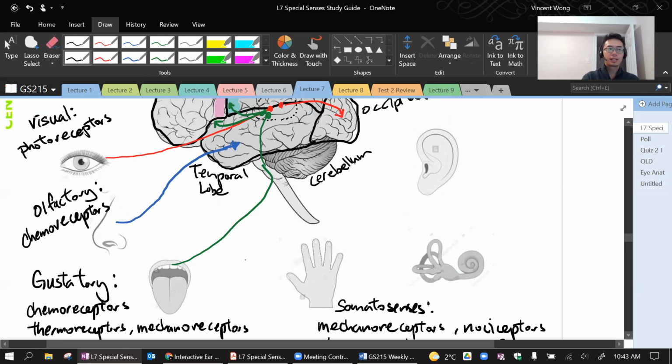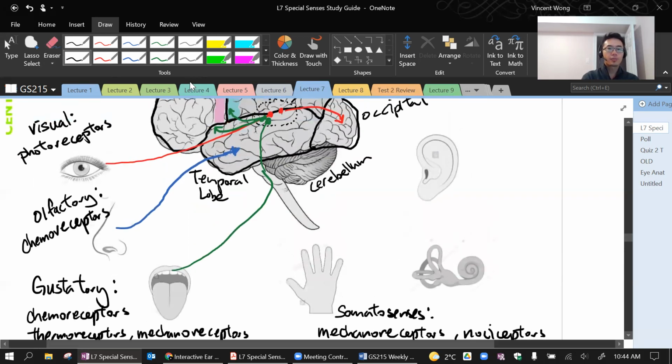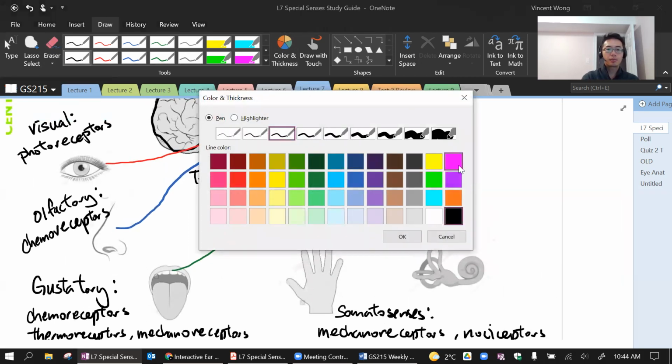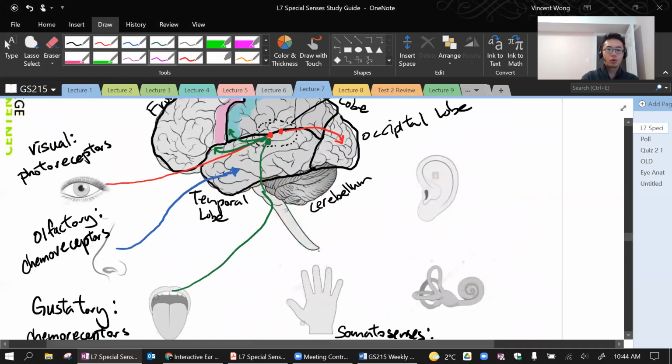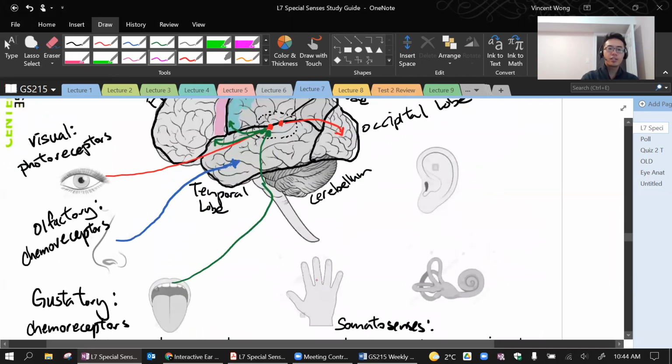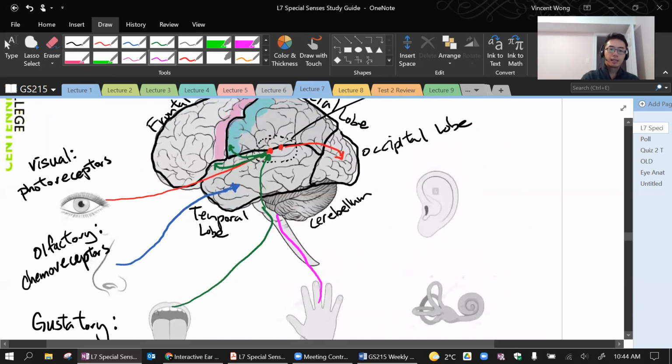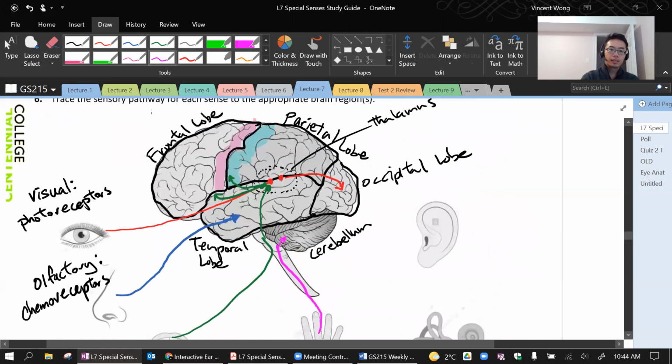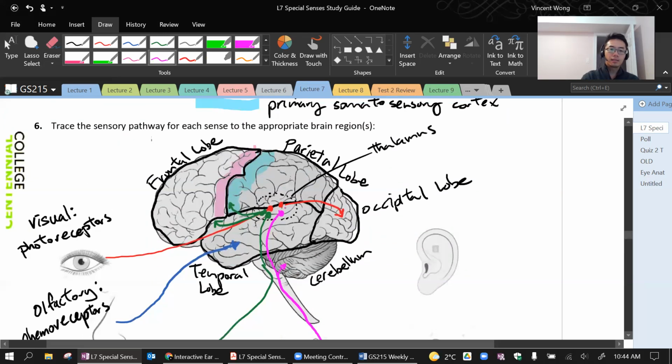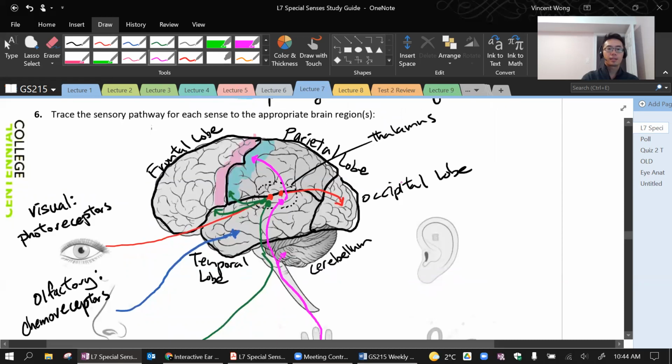For this one, the pink one right here, it's going to go up through the ascending tract, through the brainstem. Part of it might go to the cerebellum. The rest is going to go up to your thalamus, and then from the thalamus it is going to go to your primary somatosensory cortex.